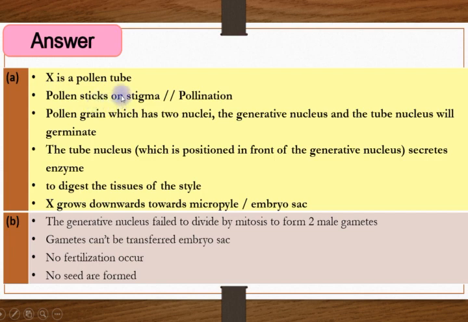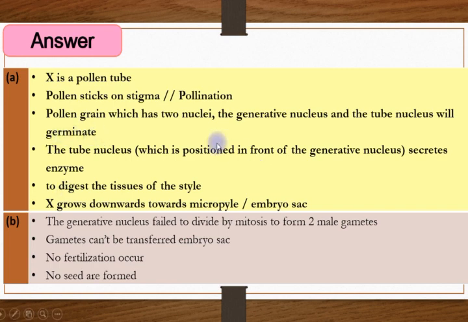The pollen tube is formed when the pollen grain sticks on the stigma, after pollination occurs. Then what happens to the pollen grain? The pollen grain, which has 2 nuclei, the generative nucleus and the tube nucleus, will germinate.